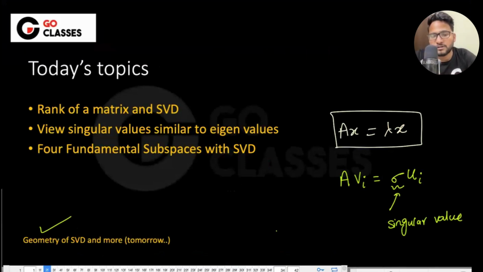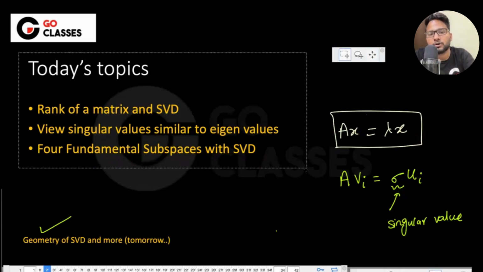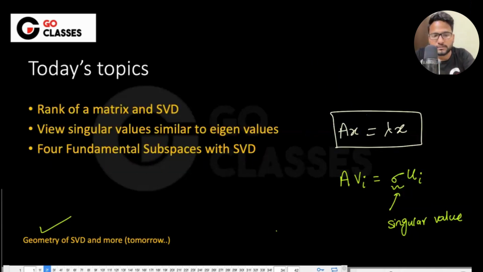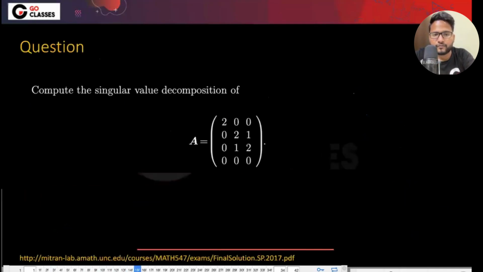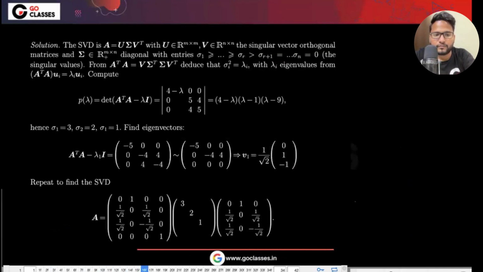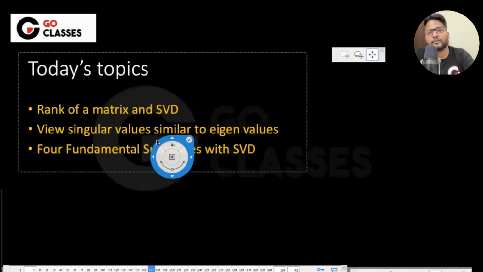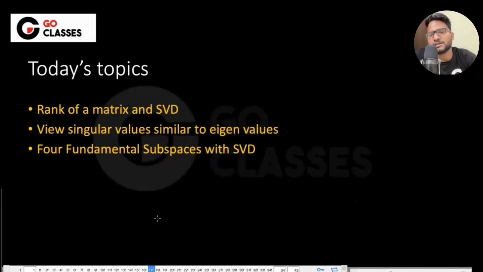And tomorrow we will see the geometry of SVD, what it is actually doing in terms of geometrical interpretation. But today, let's do this. Let's see how to find the rank of a matrix using SVD.